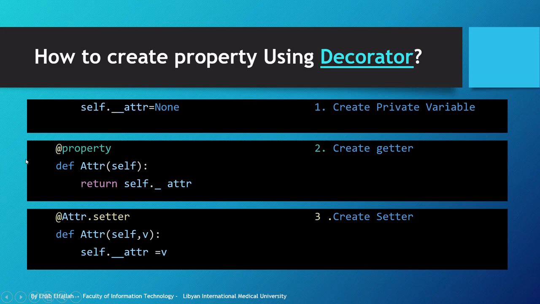Then we define the method that gets the value of that attribute, and we name it the name that we want the user to see. So here we define the method as the attribute, and in that method we return the private attribute that we defined in the constructor.